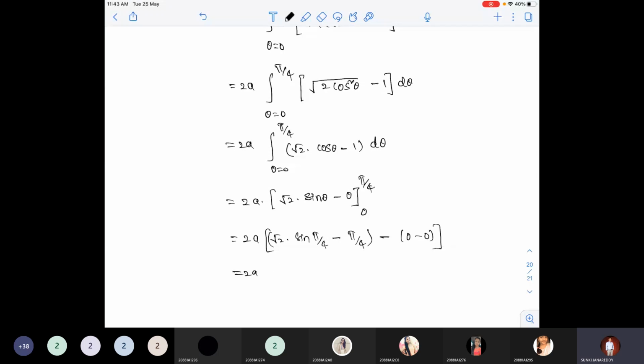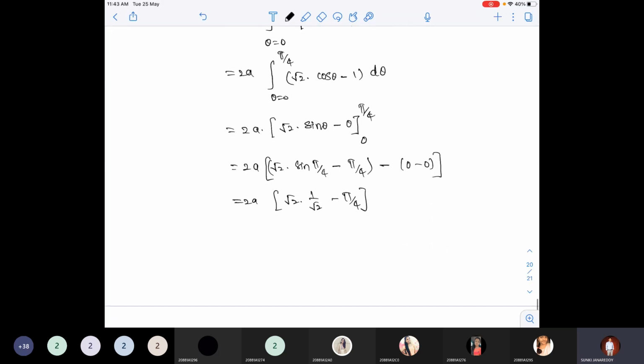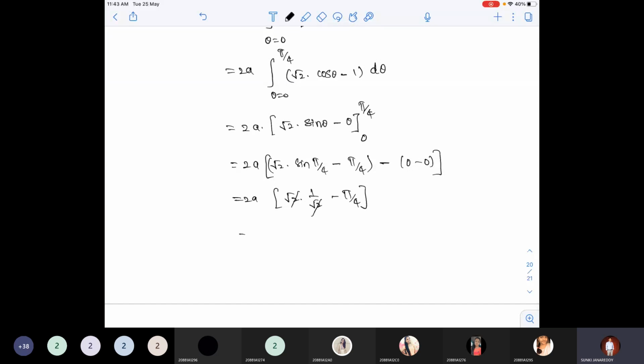Next, 2a into root 2 into, what is the value for this? 1 by root 2, minus pi by 4. Remaining next minus 0 only, leave that one. Here root 2 gets cancelled. 2a into what can we get? 1 minus pi by 4.